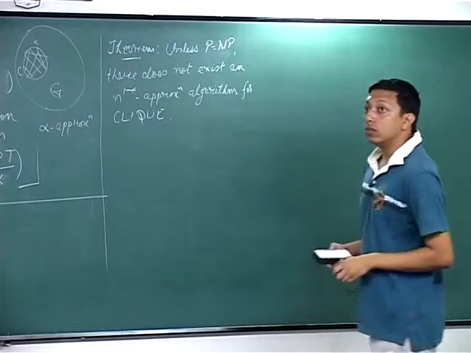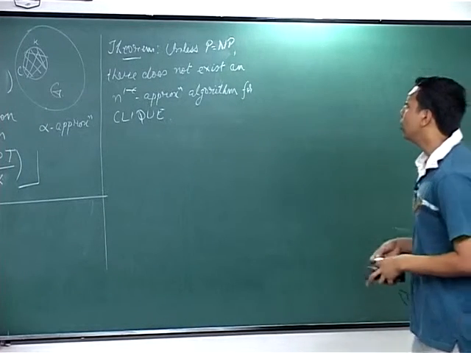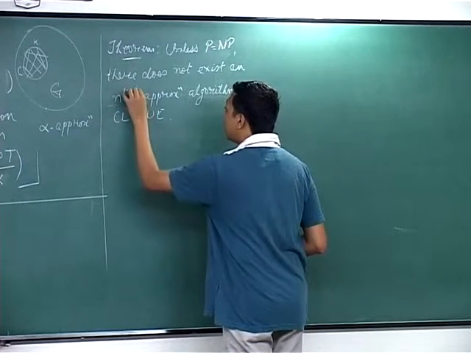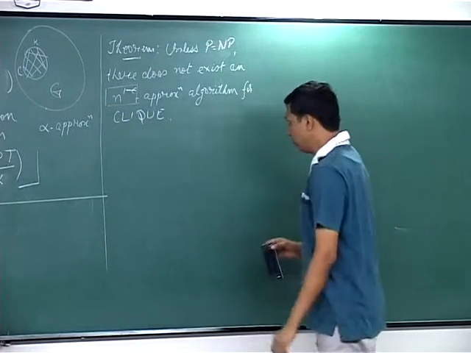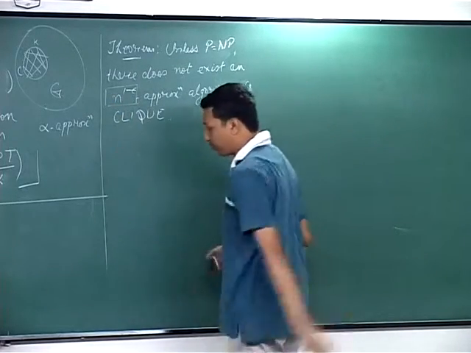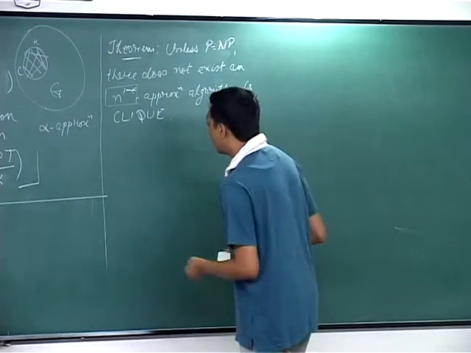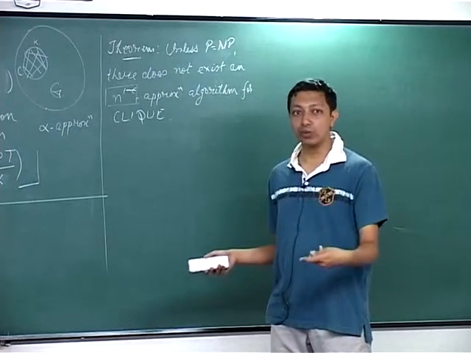Right. So that's the thing. Unless P equals NP, you won't even have an n to the 1 minus epsilon approximation. In fact, there are even better results than this, which say that you can't even have 1 minus some small o(1). So suppose I give you a graph and I tell you it has a clique of size n by 2.